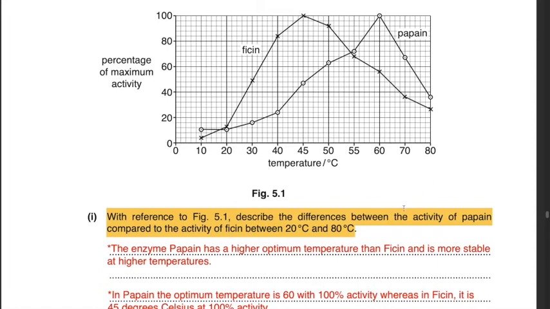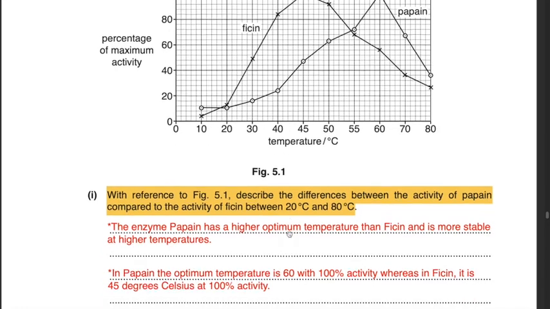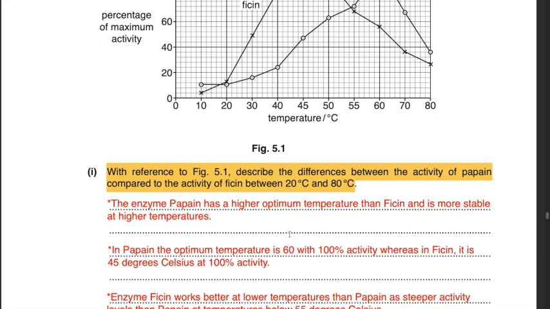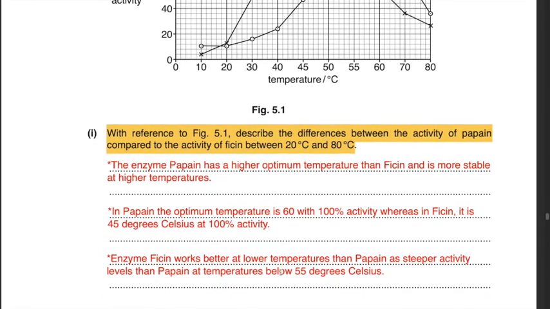So the enzyme papain has a higher optimum temperature than ficin. As you can see, for papain it is around 60 degrees Celsius, and for ficin it is around 45 degrees Celsius. In papain, the optimum temperature is 60 with 100% activity, whereas in ficin it is 45 degrees Celsius at 100% activity. Since the question is a describe question, you have to mention values while also noting the differences between the two.